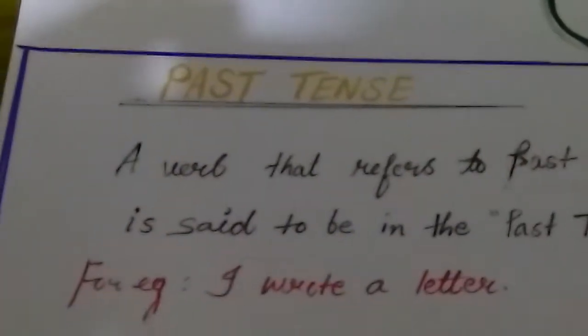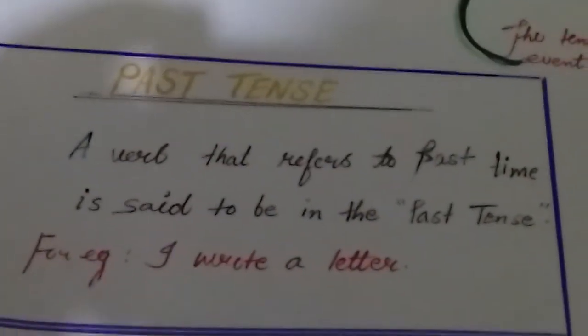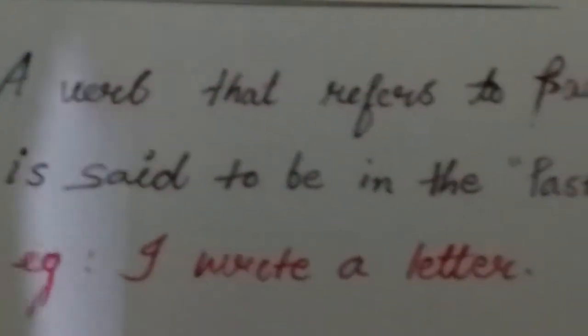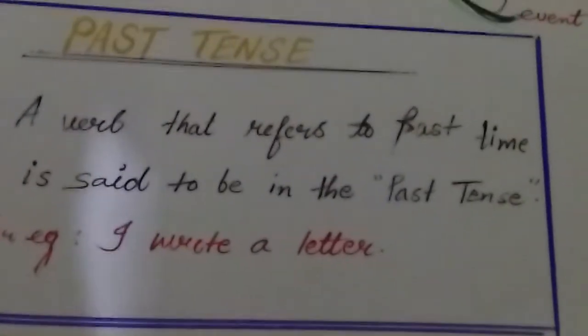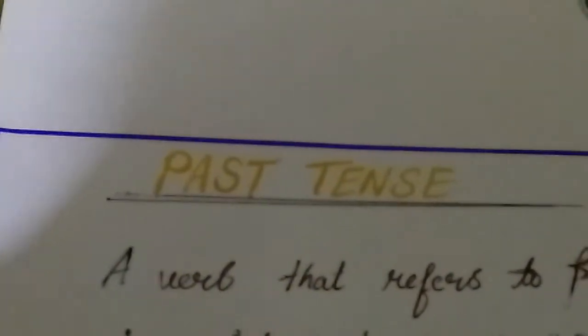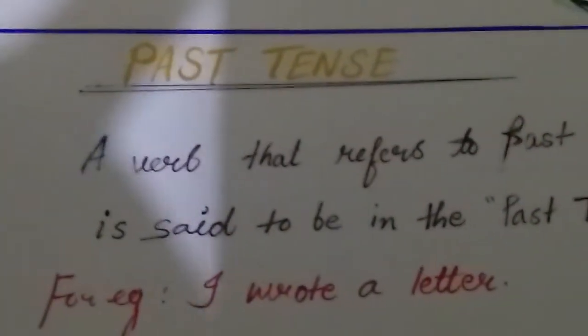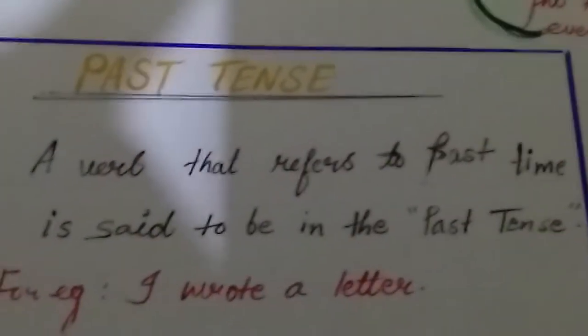Past tense defines a verb that refers to the past time is said to be in the past tense. For example, I wrote a letter. Thus, the past tense talks of a verb that refers to past time, and it is said to be in the past tense.